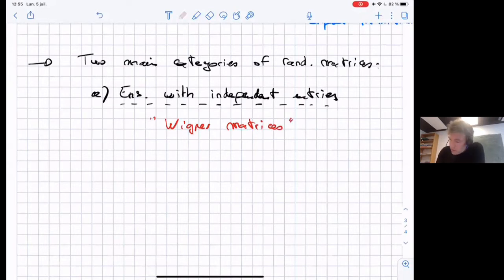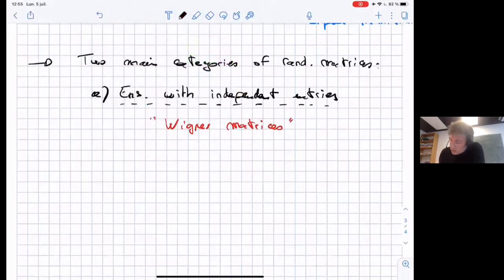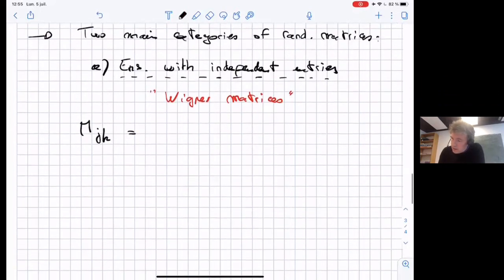So what do we have in mind here? In this case, the thing is relatively simple: you have your matrix elements, M_jk. Again, they might be complex or real.